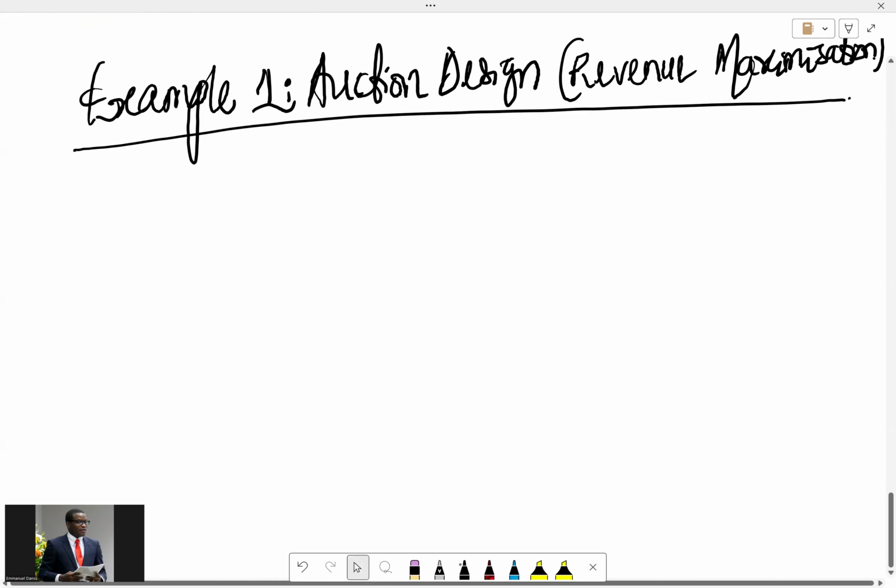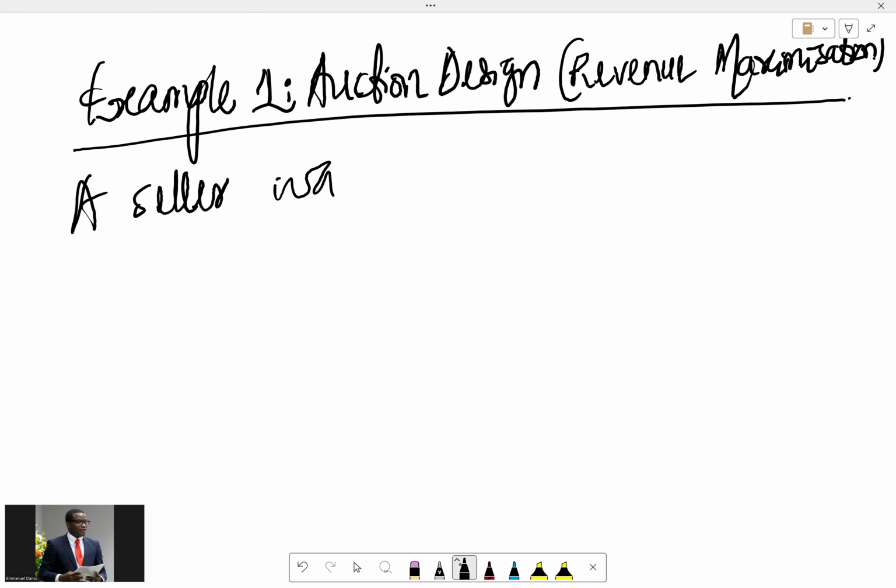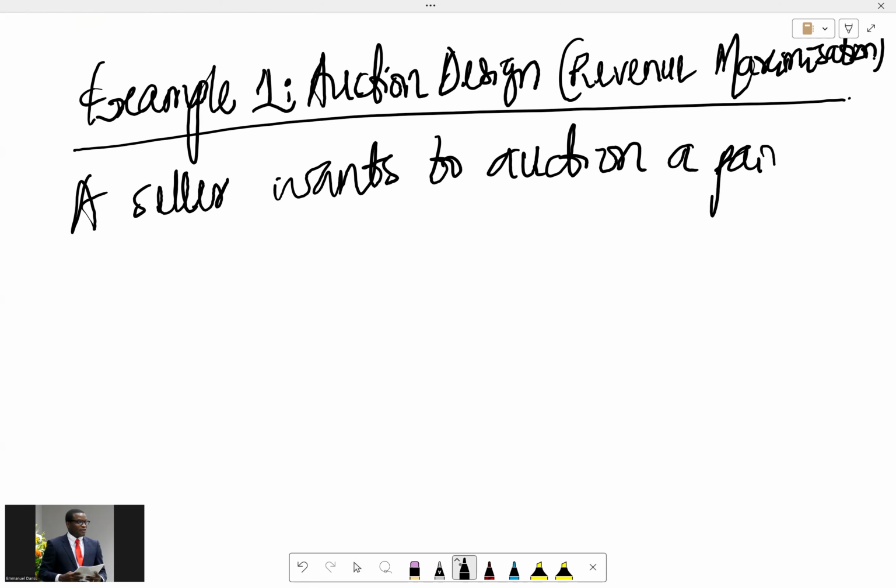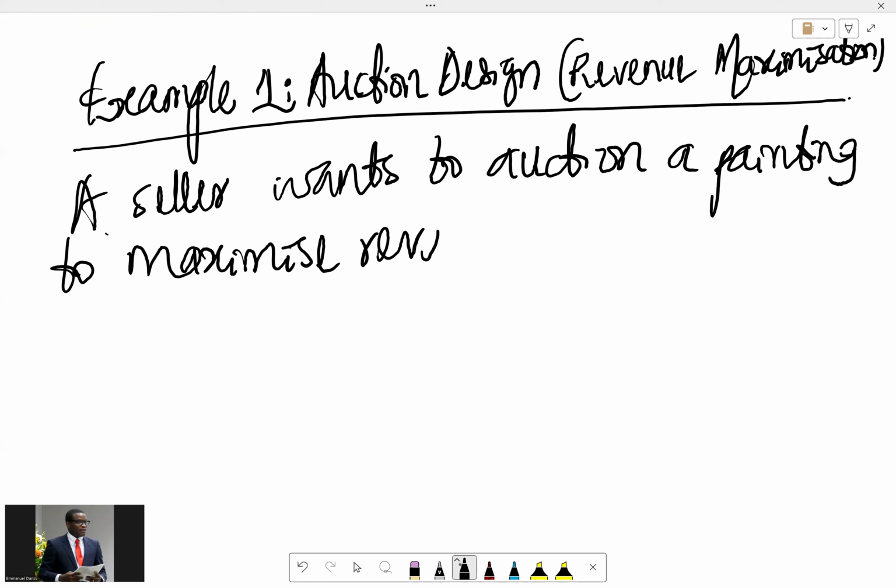So imagine a scenario where a seller wants to auction a painting to maximize revenue.